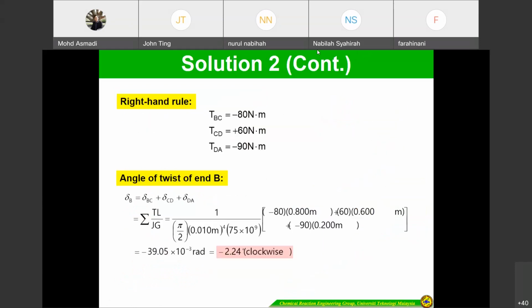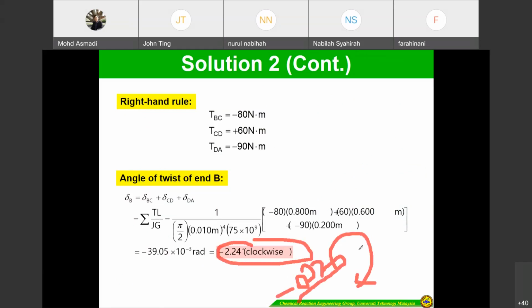So we can get negative, positive, negative. And then we calculate, so we can get negative. So this is clockwise. So meaning that by using right hand rule, your hand goes to this side. The same.